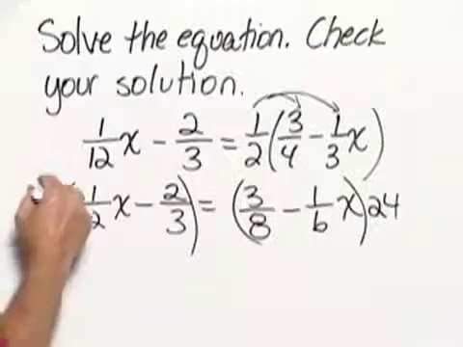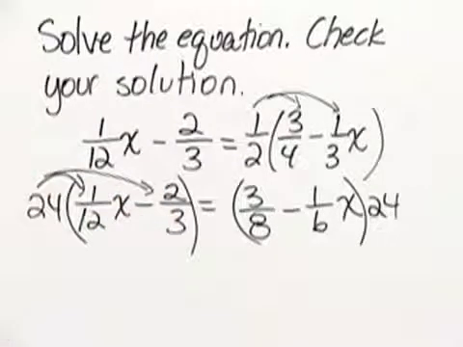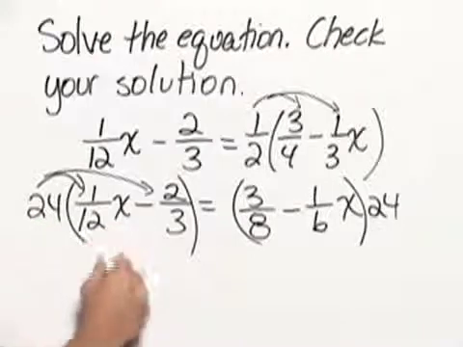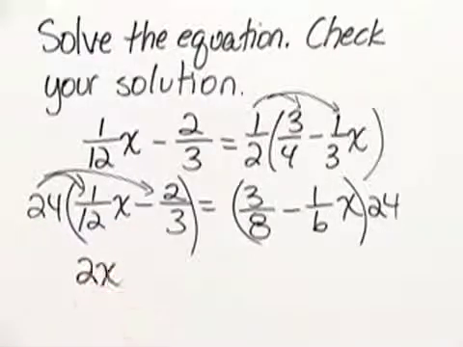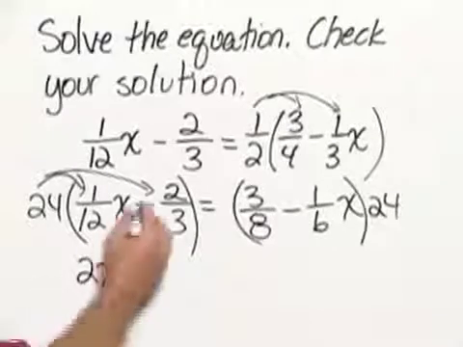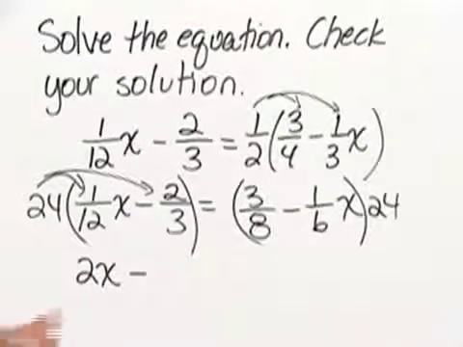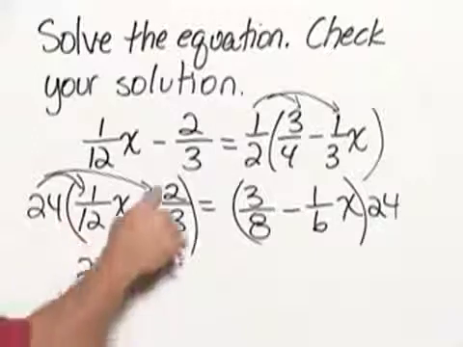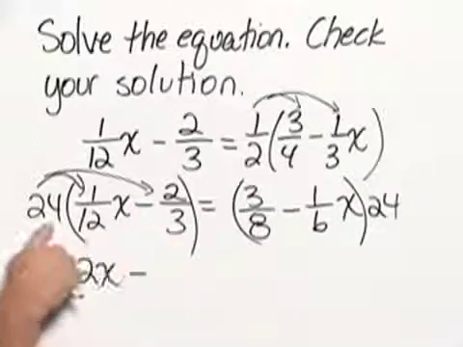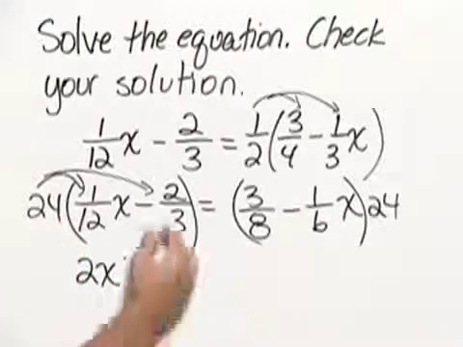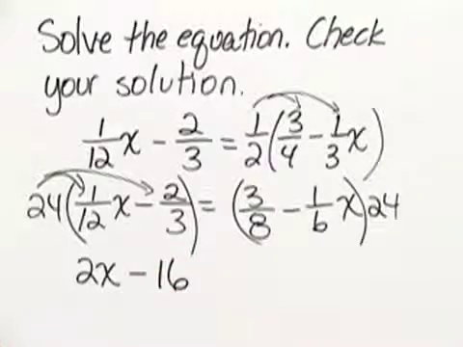On both sides, we need to distribute the 24. When we multiply 24 times 1/12 x, the 12 goes into 24 2 times, yielding 2x, minus, this time, 24 times 2/3. 3 goes into 24 8 times. 8 times 2 is 16.